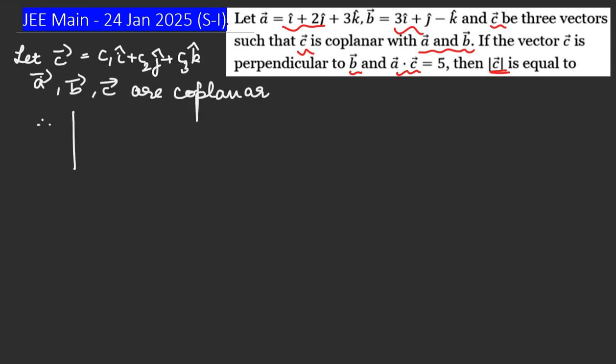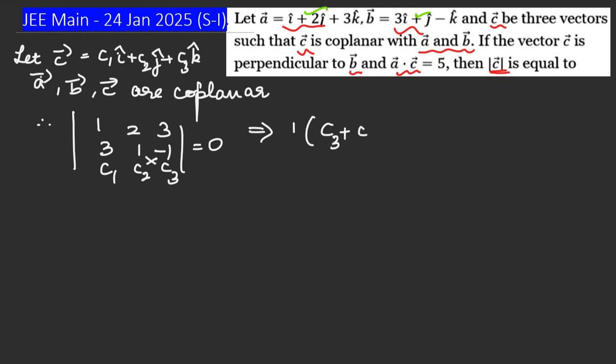Given the three vectors are coplanar, the determinant of the components of the A vector given in the question in the first row, components of B vector, and the components of C vector will be equal to 0, since they are coplanar. Which implies that we get 1 into C3 plus C2, minus 2 into 3C3 plus C1, plus 3 times of 3C2 minus C1 is equal to 0.